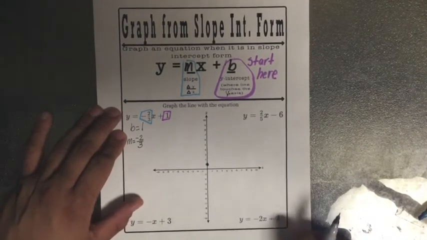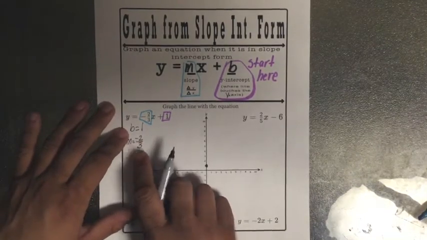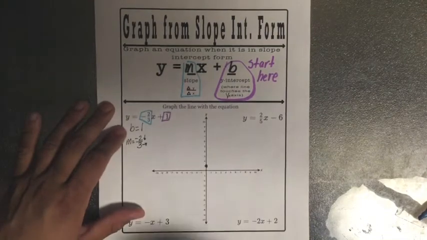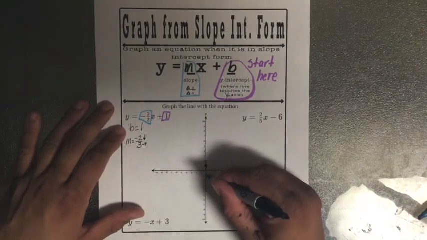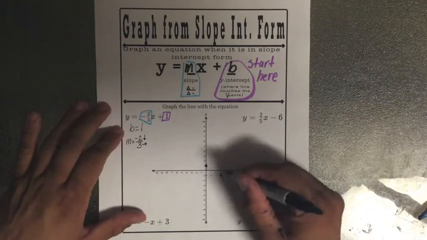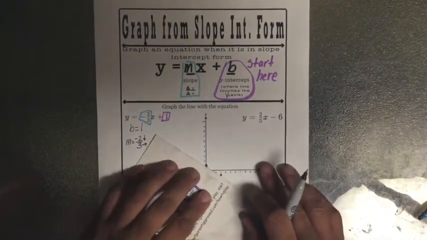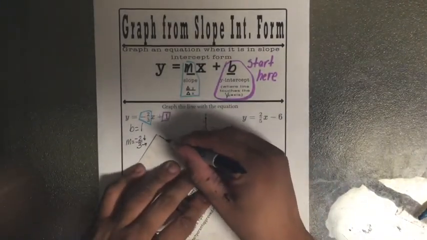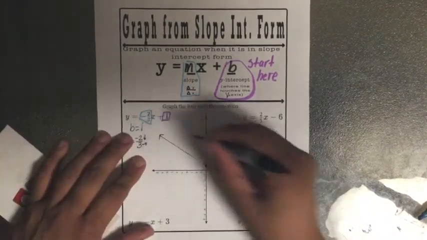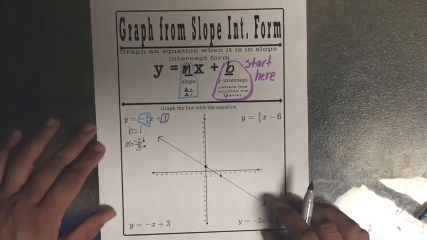Now for my second point, I'm going to use the slope, which is negative 2 over 3. That means I'm going to go down 2 and to the right 3. Down 1, 2, and to the right 1, 2, 3. Like that. So I take a straight edge, a ruler, and you draw your line. Remember to put arrows at the end because arrows mean it's a line.